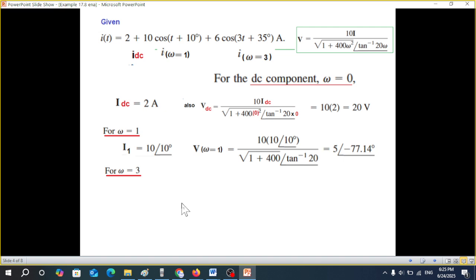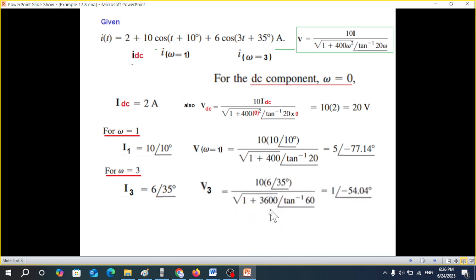And now for omega 3, exactly the same technique. This is the magnitude and angle for I. Here we will put omega 3, putting the value of omega 3 and solving. V3 will be 1 angle minus 54.04.